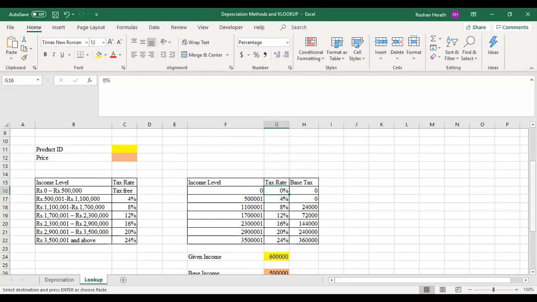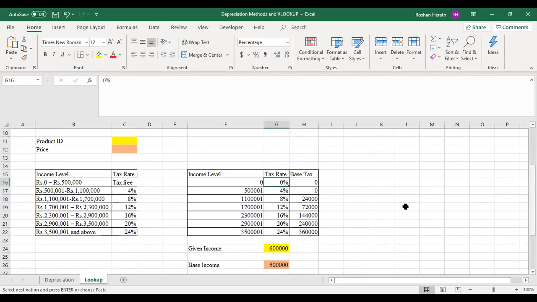Thereafter, I have made use of another important column called the base tax. Let me show how I have derived that, right? That is another important thing when you are working out a question of this nature. Here I have given you some little information. I haven't even mentioned that you have to work that out.